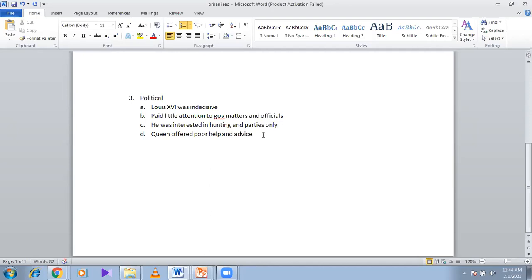The queen offered poor help and advice when she tried to interfere, tried to handle economic matters. Oh, let's add here that he married an Austrian royalty, and Austria was a long time enemy to France. Okay.